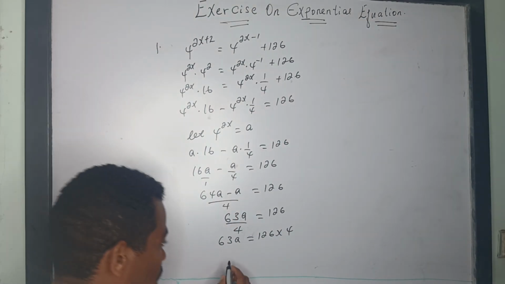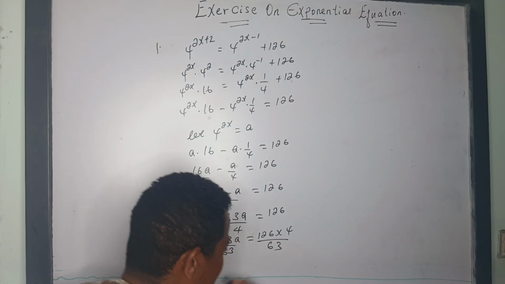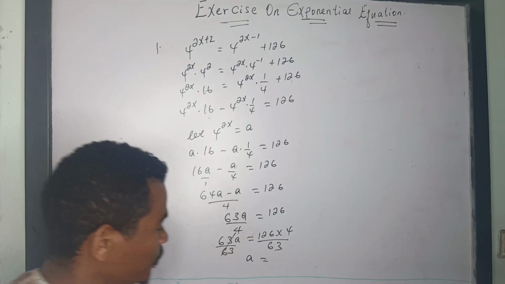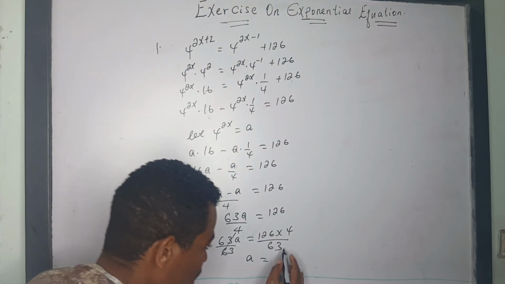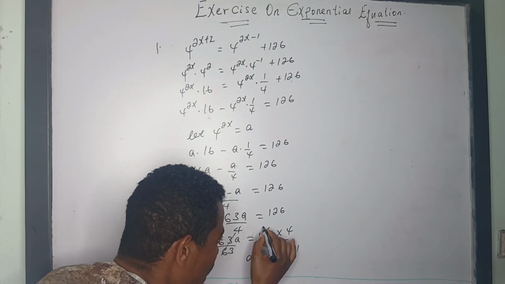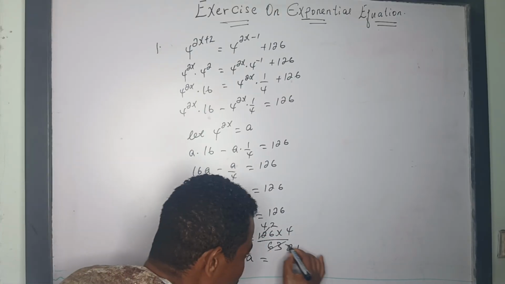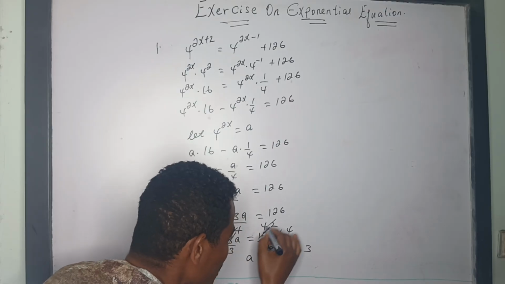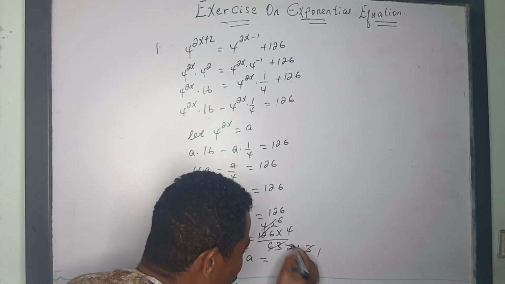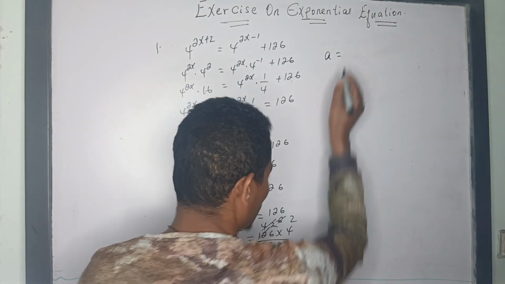Both sides divided by 63, the 63 cancels. So a is equal to 126 divided by 63, which is 2, times 4.